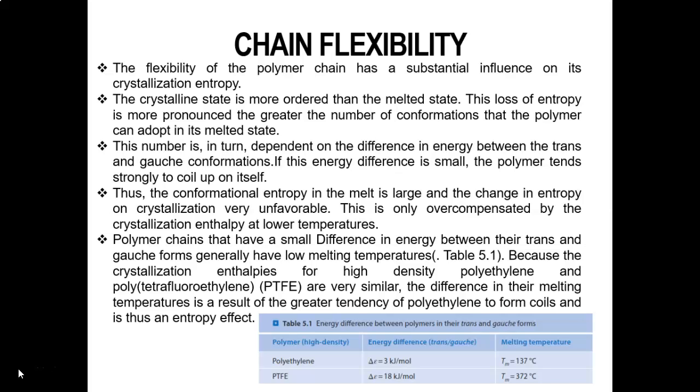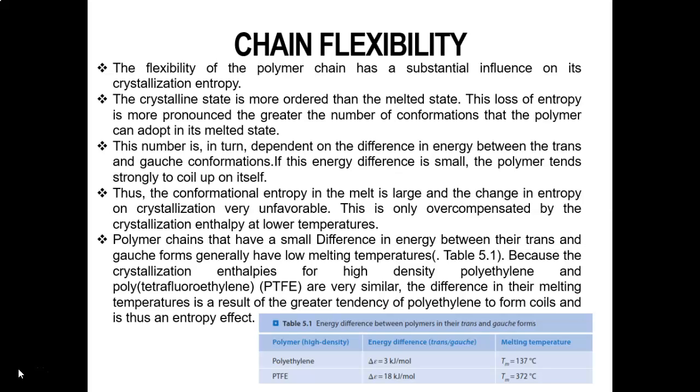And the last one, the gas phase, has the highest entropy because the particles are randomly distributed throughout the entire container. The crystalline state is more ordered than the melted state. The crystalline state is given by the symbol Tc, and the melting temperature is Tm.